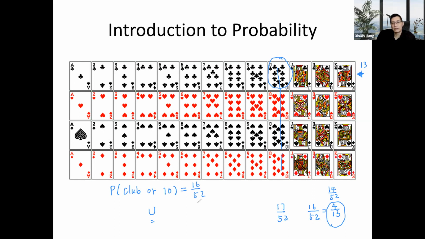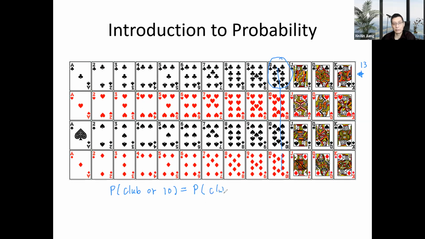That one, we use either the principle of inclusion-exclusion, or the rule we're going to introduce slightly later. It's called the union rule.